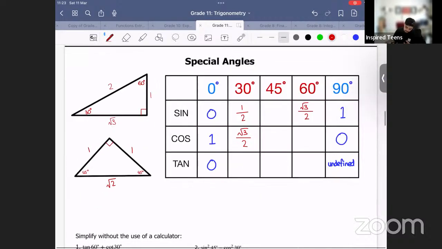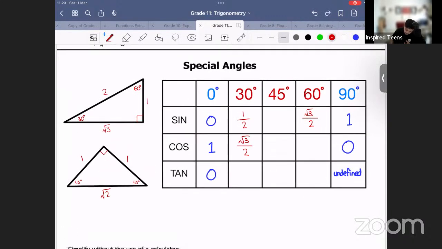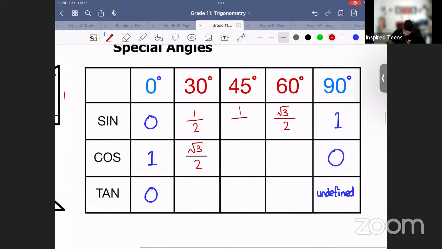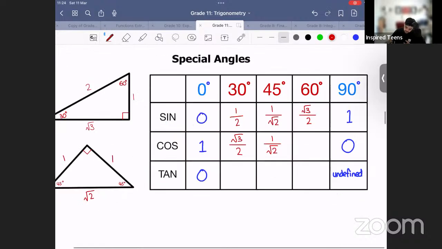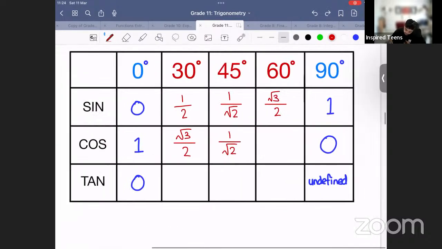Okay, so in this case, sine 45 is actually opposite over hypotenuse, 1 over root 2. And so too is cos 45, 1 over root 2. Let's look at cos 60, adjacent over hypotenuse, it is a half.